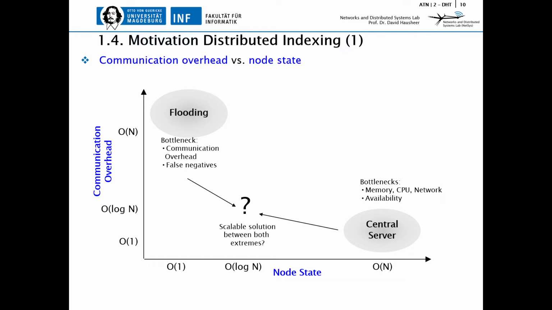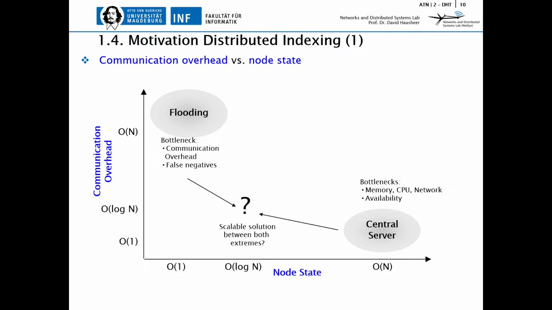On the other hand, the flooding-based approach has a huge communication overhead, but the node state here is constant. That means you only need to store that information on the node that actually provides the corresponding data.